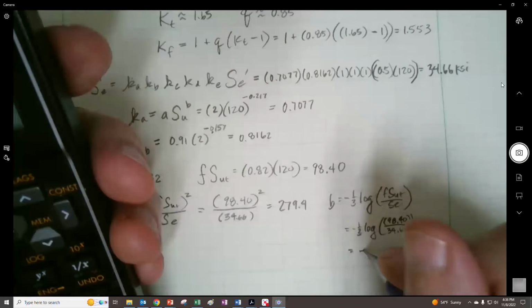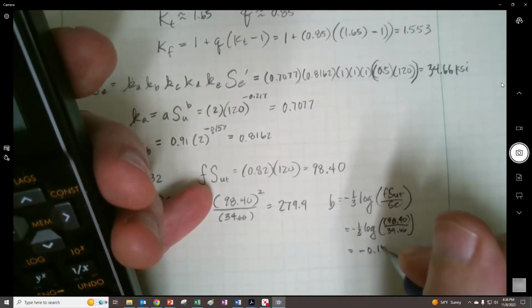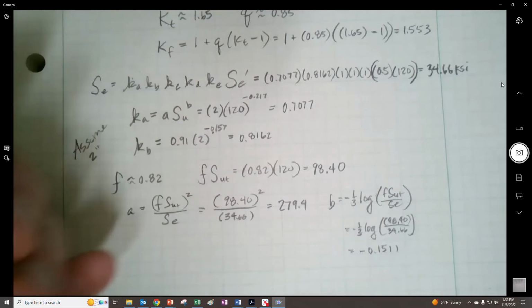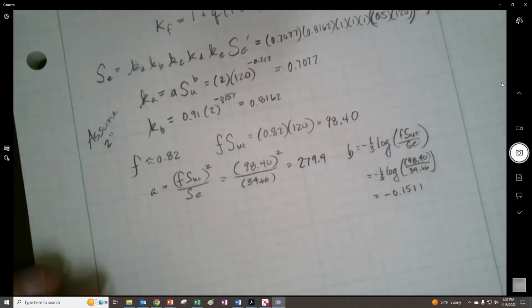And I get a negative 0.1511. All right, so there you go. There's the A and the B.